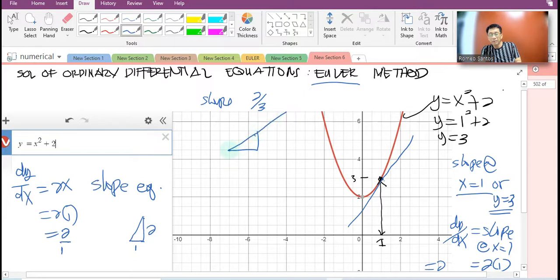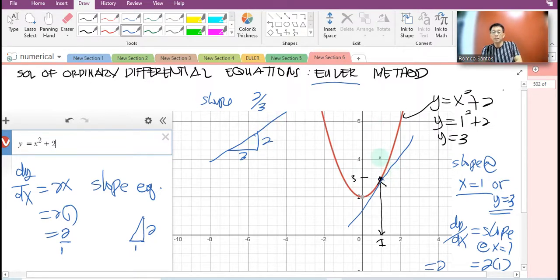That is your line. So you can determine the inclination of the line if you know the slope. This is 2, this is 3. Okay, so that is how we interpret the derivative. So that is the slope.